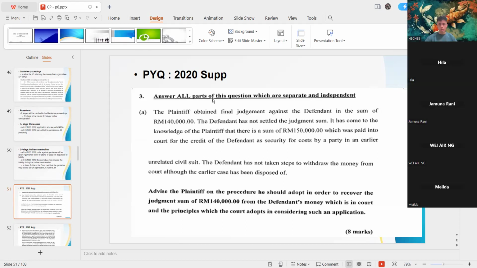So everyone, how do you think the garnishee question should be answered?